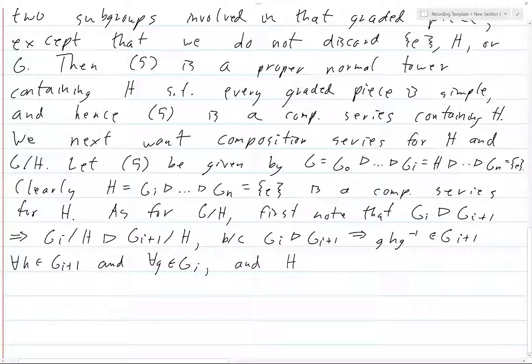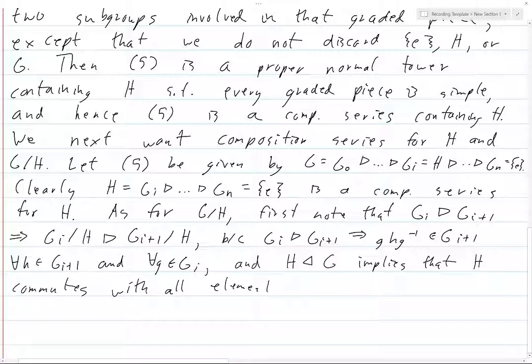And H being normal in G implies that H commutes with all elements of G. And so we have g h, and I've been doing a decent job of not mixing up my K's and my H's.